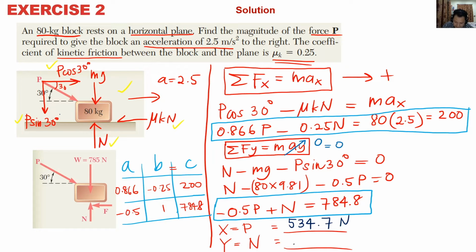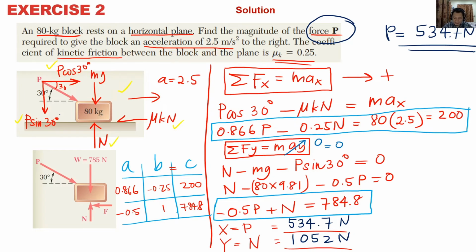And 1052 Newton. What is the question? Coefficient of friction. Find the magnitude of P. Apparently P is equal to 534.7 Newton. Is this correct?